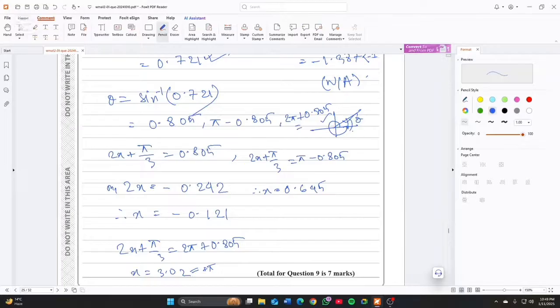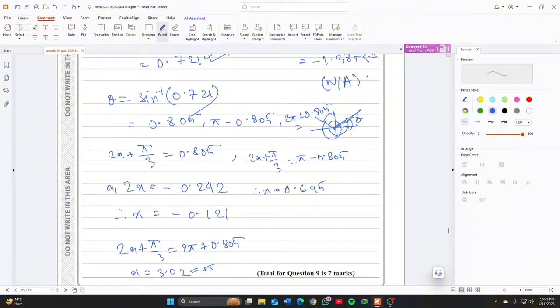So for sine to be much more negative, if we rotate clockwise, we can find this value. So this will be negative pi plus, right?